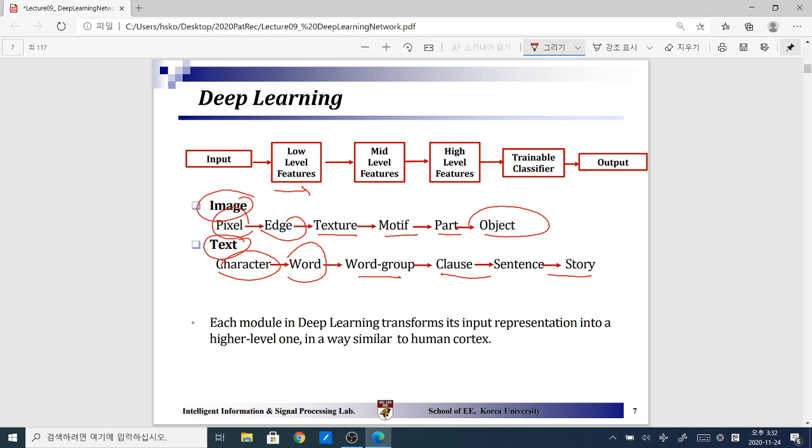At the very high level, you could actually have a story, which could be used as an input to the trainable classifier, once again for classification. So here, each module at each level of features in deep learning transforms its input representation into a higher level one in a hierarchical process, which is very similar to how the human brain cortex actually works.